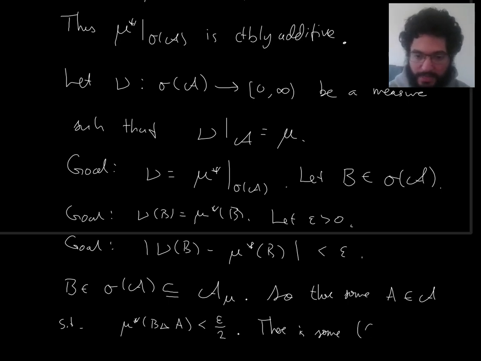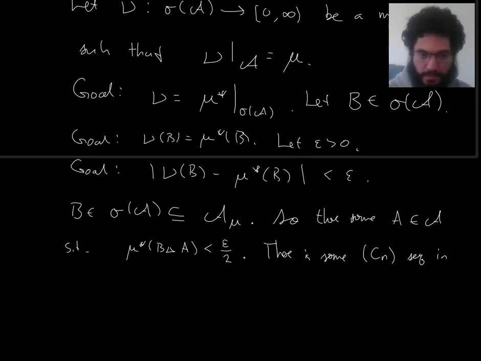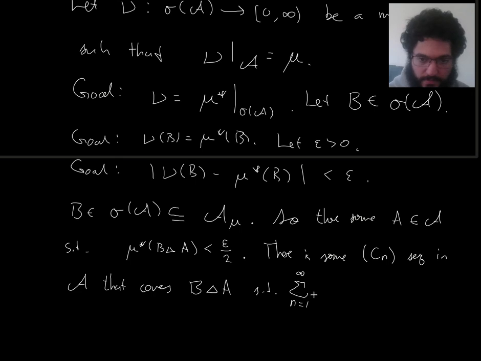Well, it's built out of, let me call it Cn, a sequence in A, the original algebra of sets, that covers this set that we're trying to approximate from above, and such that the series of mu Cn converges to something less than epsilon over 2.